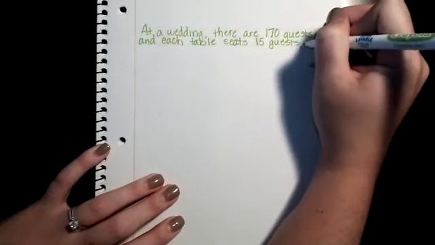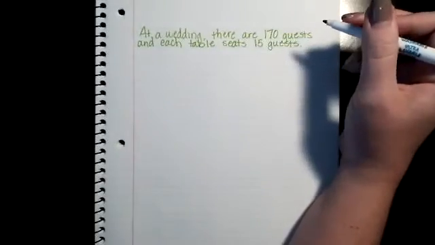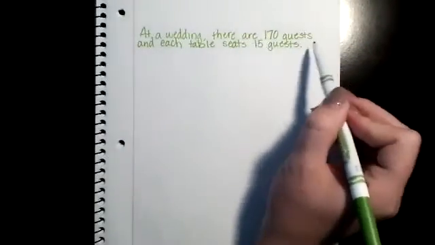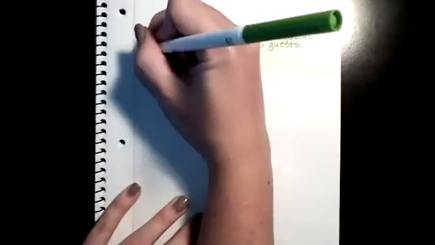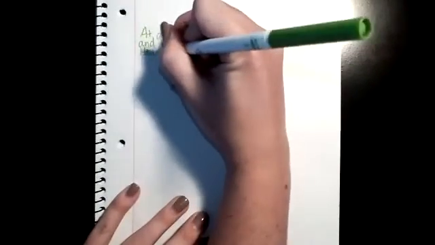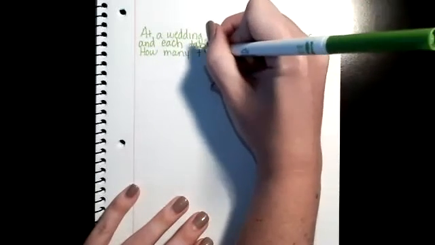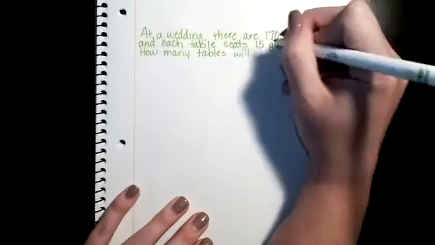Okay, now those are pretty big tables. Mine did not seat that many, and so my numbers were a little bit different than this, but it's the same type of problem. We're trying to figure out, I have this many total guests, and each table can seat this many. Now my question is, how many tables will we need?